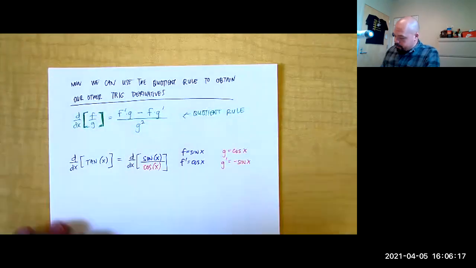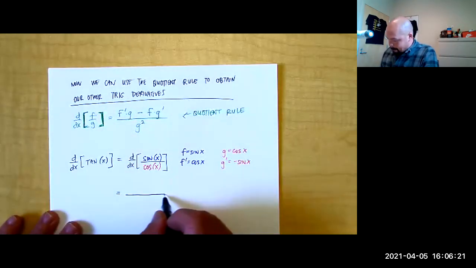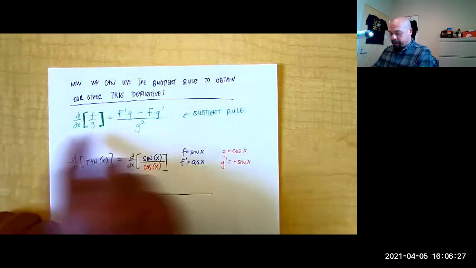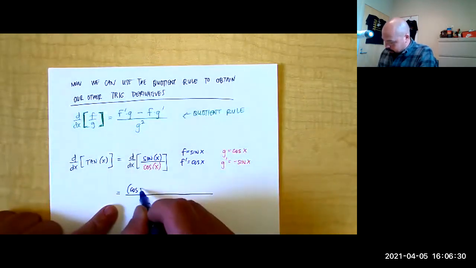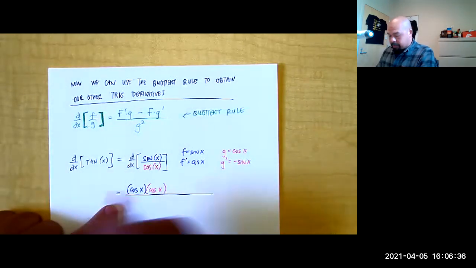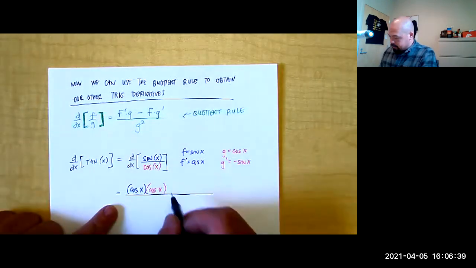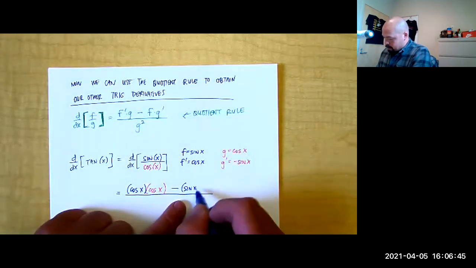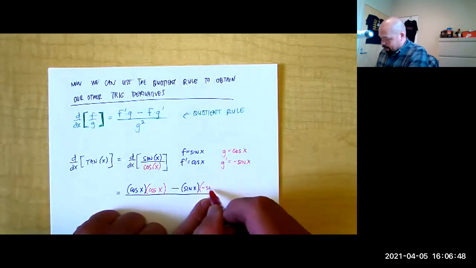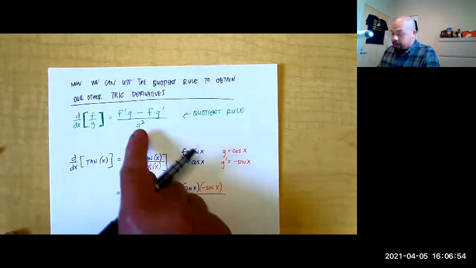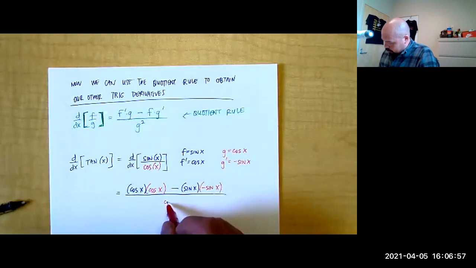So then, putting that quotient rule together, f prime times g, I'll leave this one in red here, minus f times g prime, all over my denominator g squared.